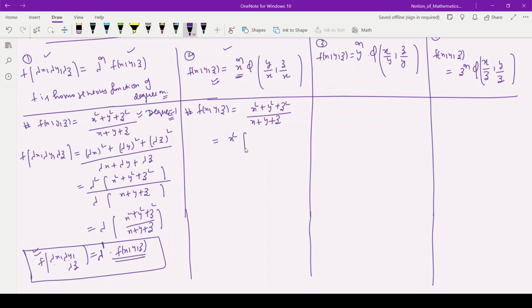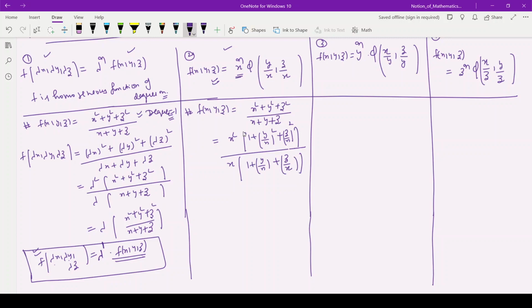So that is x square from the numerator, so that will be 1 plus (y upon x) whole square plus (z upon x) whole square, and upon x common from the denominator, that will be 1 plus y upon x plus z upon x.